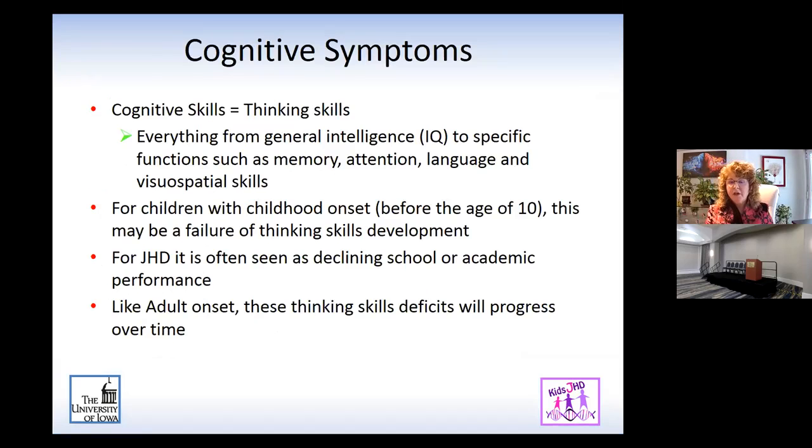So in terms of the cognitive symptoms, cognition just means thinking. This is everything from general intelligence to very specific functions like memory, attention, and language. For children with childhood onset, and I'm sorry, I didn't define childhood onset: before the age of 10, if you have Huntington's that early, you're going to have a failure of learning.